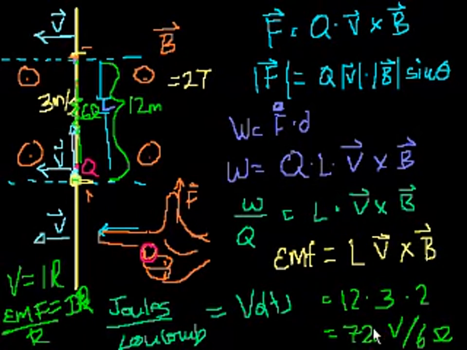You divide 72 volts, or 72 joules per coulomb, by 6 ohms, and you get a current going along this wire due to the EMF, due to the magnetic field, of 12 amperes. I know it's very messy at this point. Anyway, I'm all out of time.